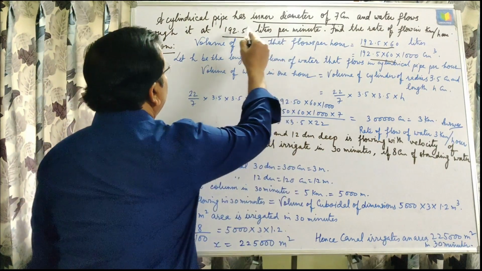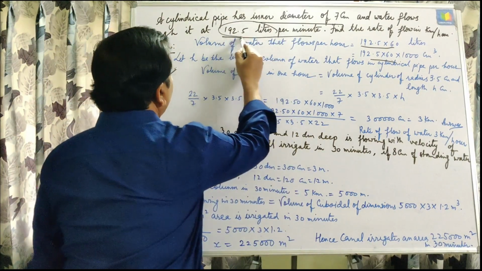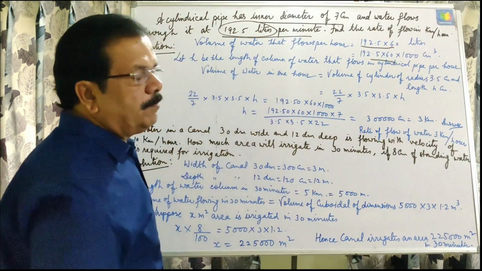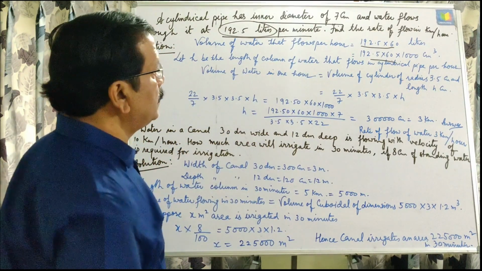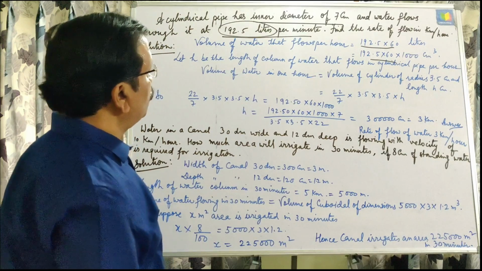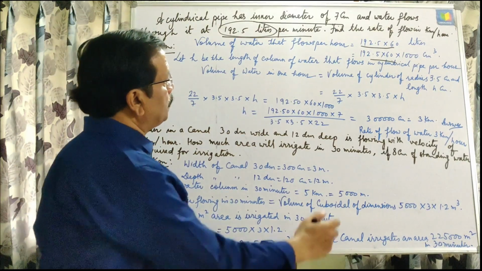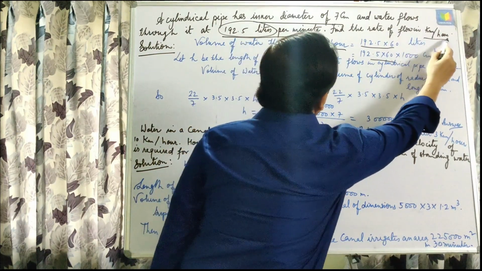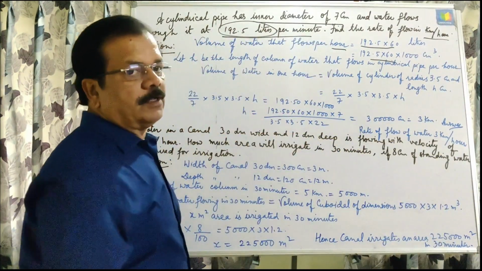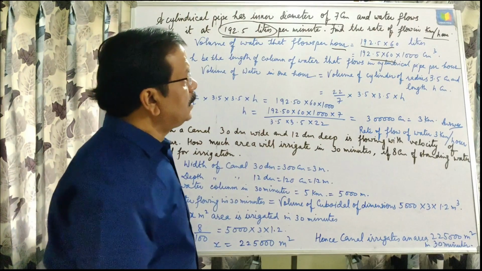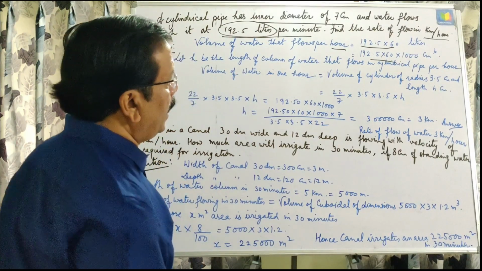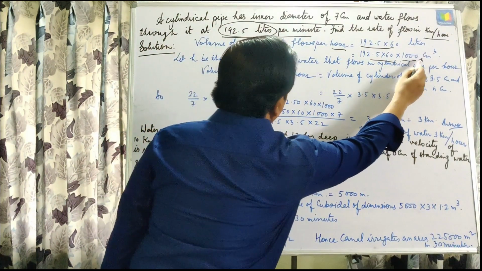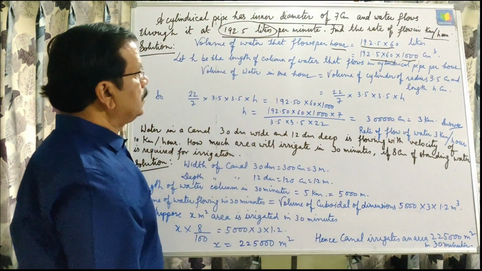In 1 minute this much liter is flowing, and that is why in 1 hour this will be multiplied by 60, because obviously more water flows. We have to find it in kilometer per hour, so we will change the units accordingly: 192.5 into 60 into 1000 in centimeter cube.